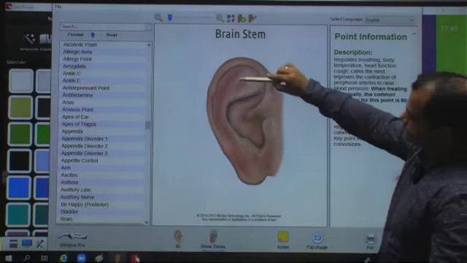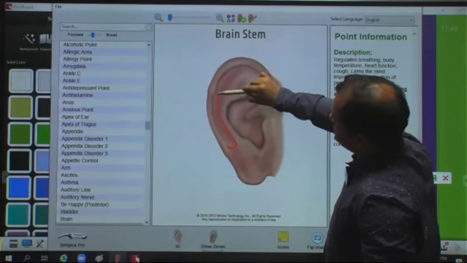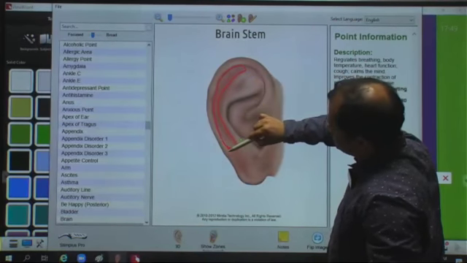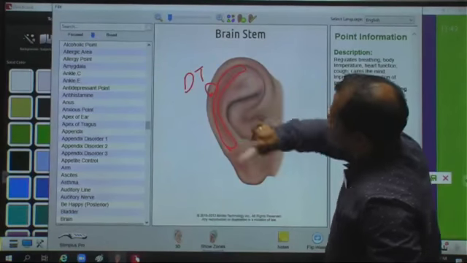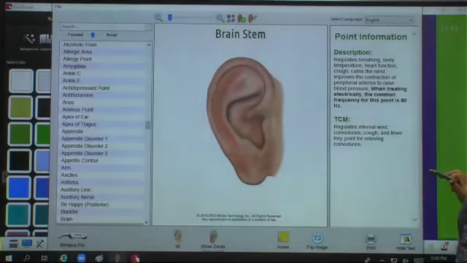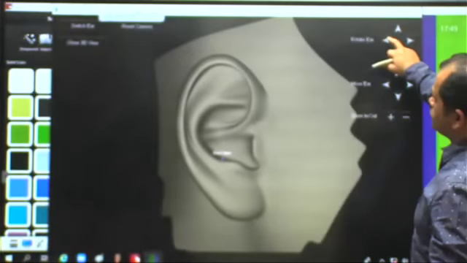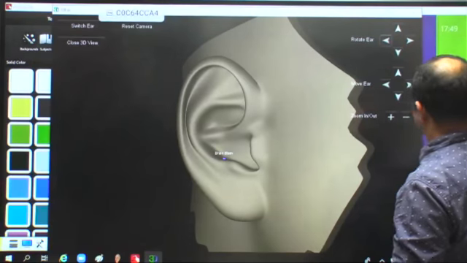So from here we can see this is the whole area of the Scaphoid Fossa, and this is the Darwin tubercle. If I open this area, look at this image.